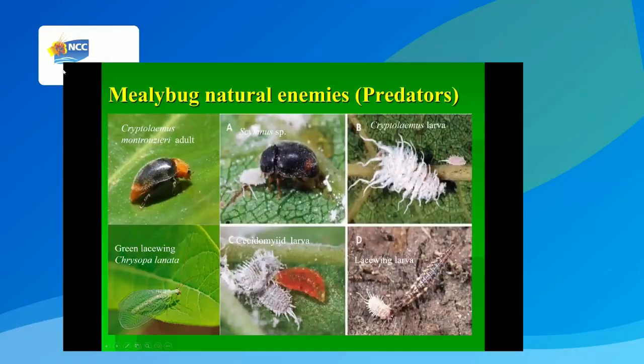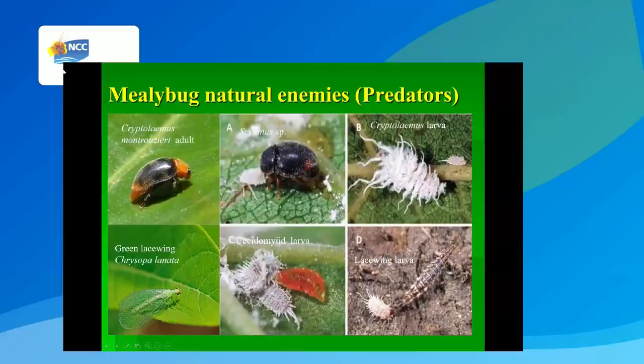Now, those mealybugs that I mentioned have a range of different predators that will feed on them, like small ladybird beetles, green lacewings, as is shown in the bottom extreme left photo. There is also a predatory fly larva.